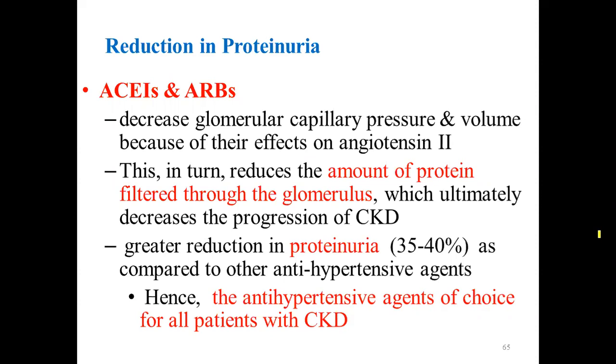Okay, good. So ACE inhibitors and ARBs, the reason I mentioned before, are a very important class of drugs. They greatly reduce proteinuria, 35 to 40% as compared to other antihypertensive agents, because they have a high potential to reduce protein excretion. This is the drug of choice for all patients with CKD.